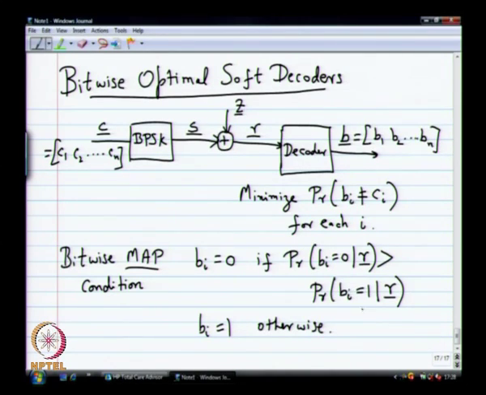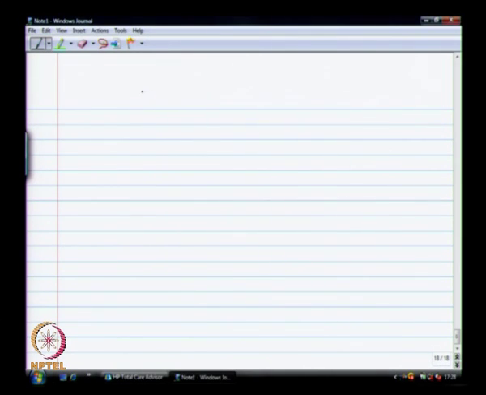So now you know that probability that Bi equal to 1 will be 1 minus probability that Bi is 0 given R. So you can in fact only compute the left hand side and figure out if this will be greater. How do I do that?